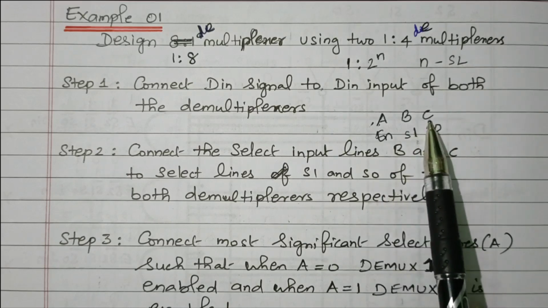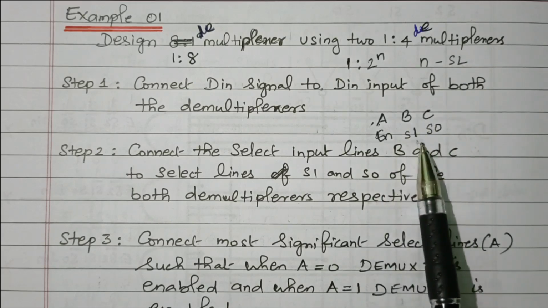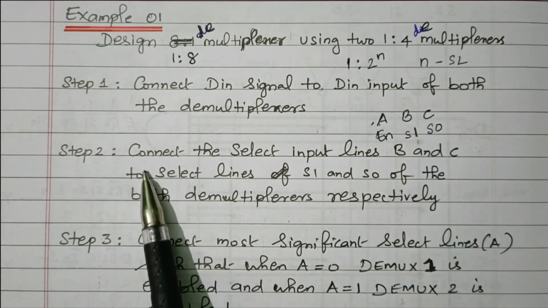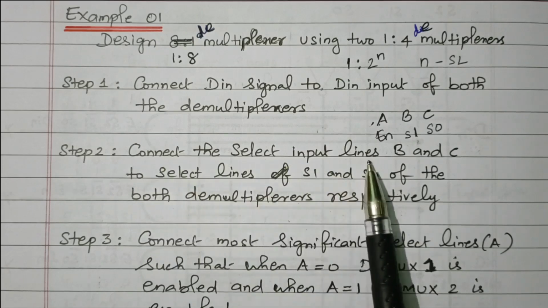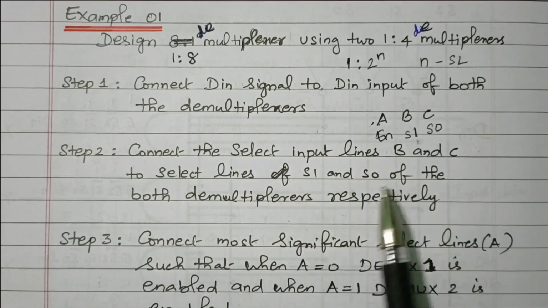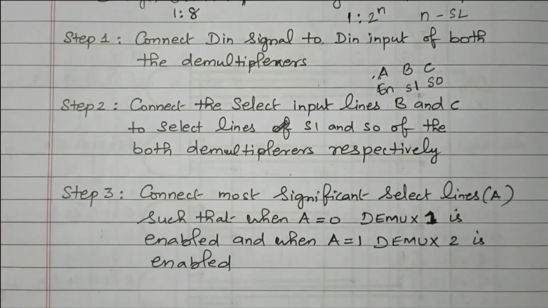Then the least significant bits B and C are used for the selection lines of the 1:4 demultiplexer, right? So it is given here. Connect the selection lines B and C to the S1 and S0 lines of both the demultiplexers respectively, right? Now we'll go to step 3.